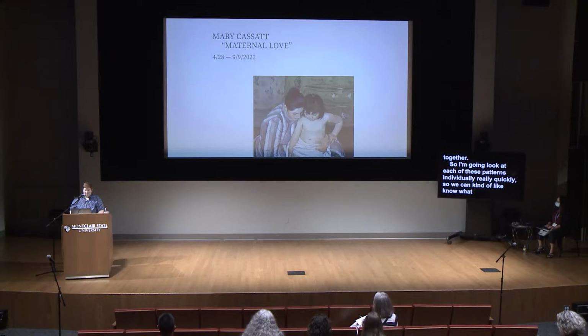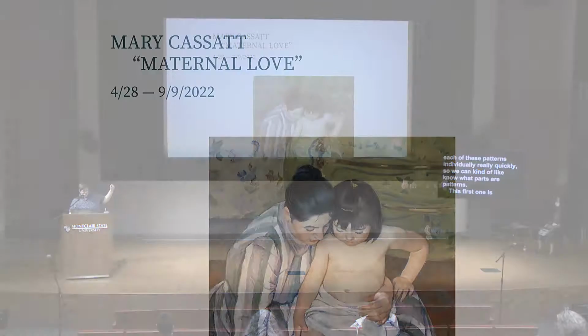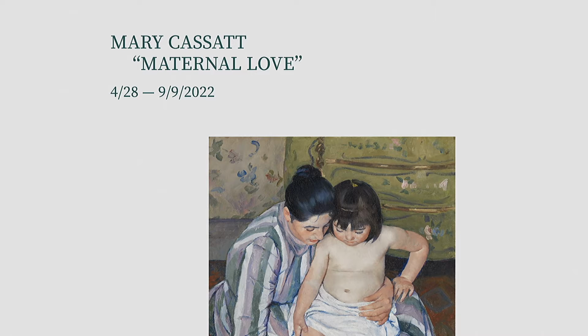So I'm gonna look at each of these patterns individually really quickly so we can just kind of know what parts are patterns. So okay, this first one is text with an offset image. I use this as a featured section to highlight specific exhibitions in my art museum website.